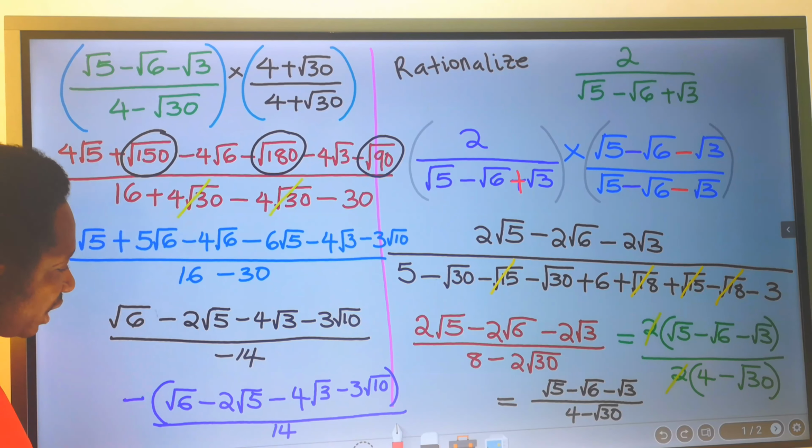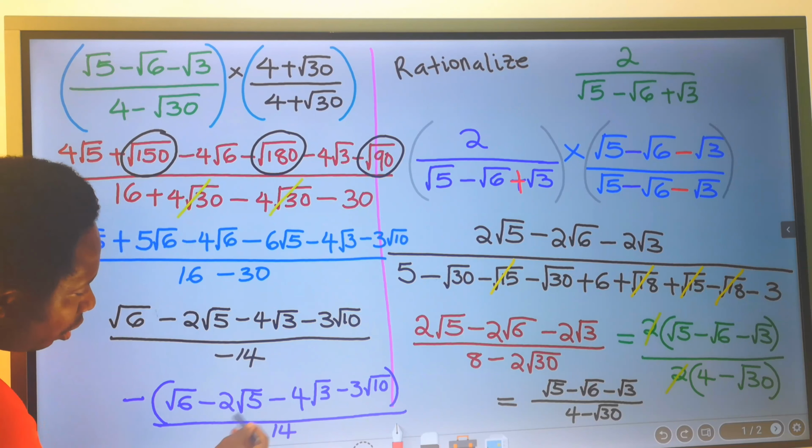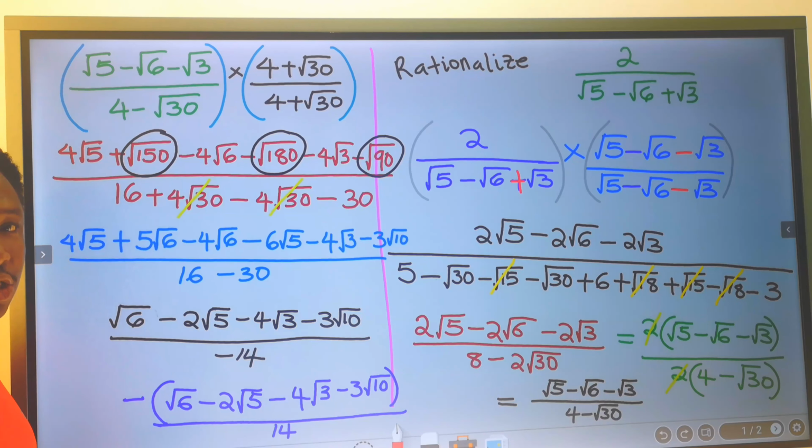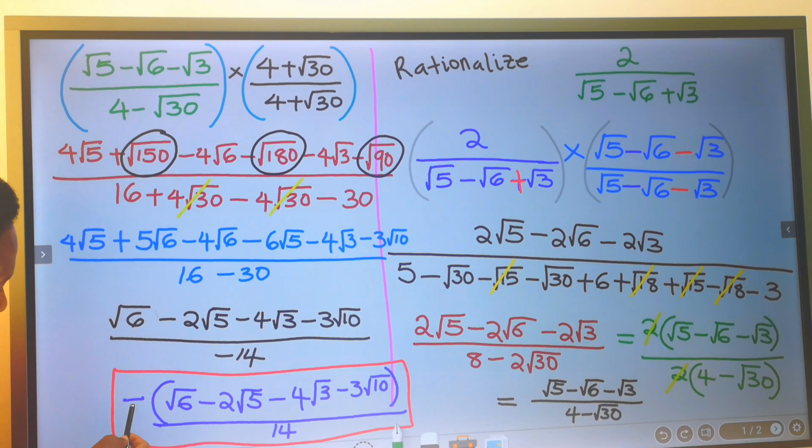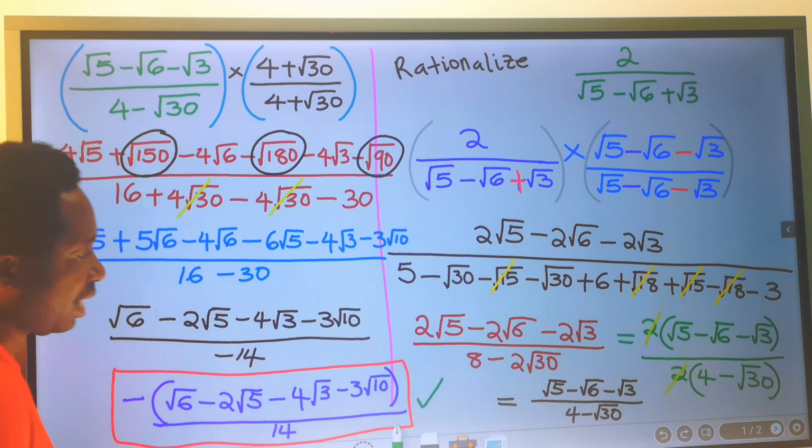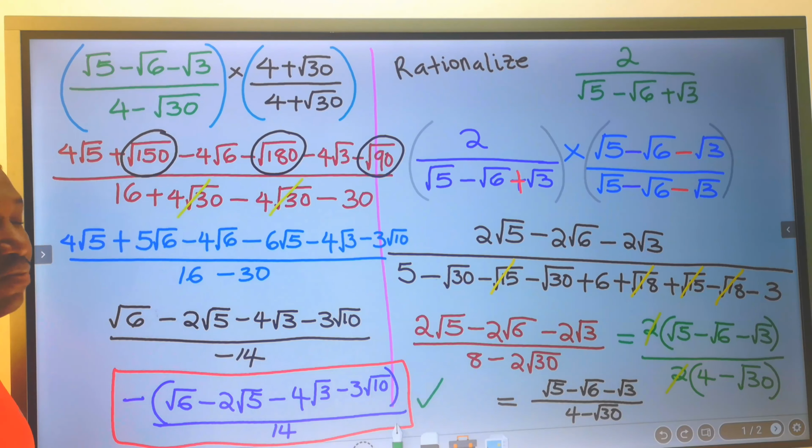We have successfully eradicated all the radicals at the denominator. This minus is affecting everything. And it doesn't matter how you rearrange this. As long as we don't have any radical at the denominator, this remains our final answer. We have successfully rationalized this given algebraic surd.